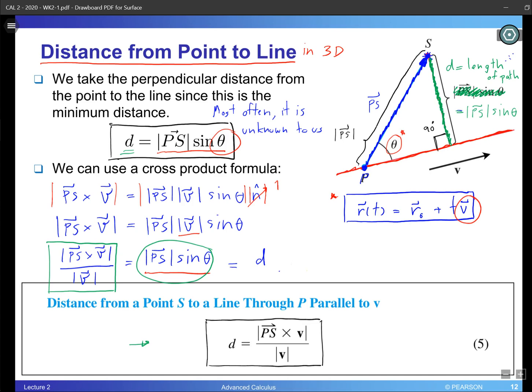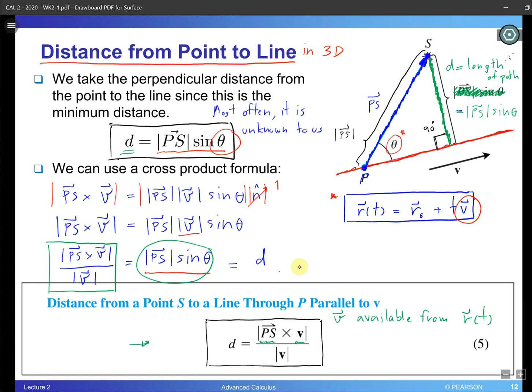Because in this formula, all we need is this vector PS and vector v. Vector v is available from the vector equation r(t). So we usually have this since the beginning.